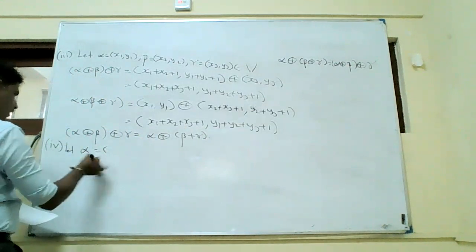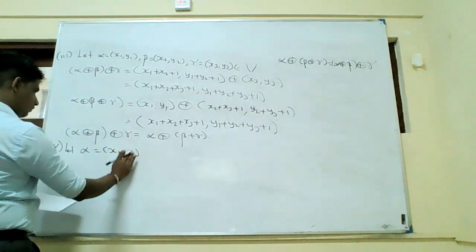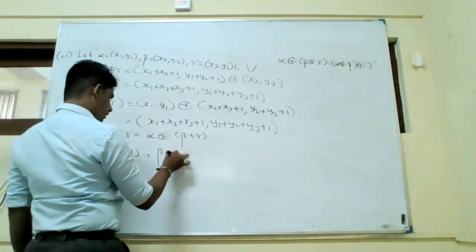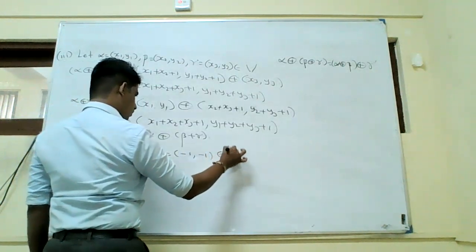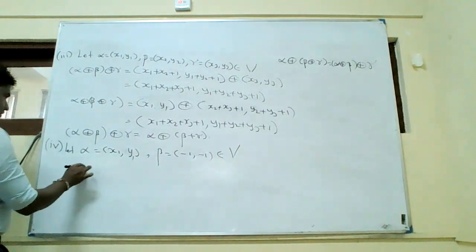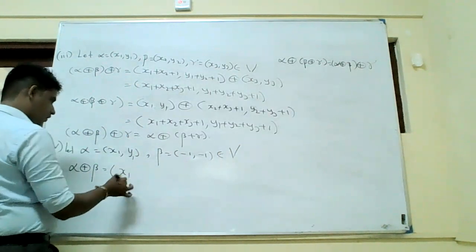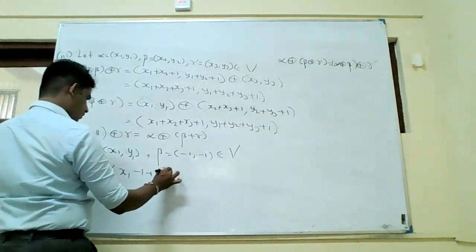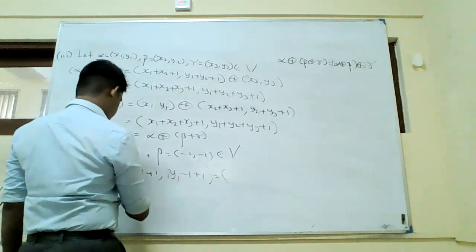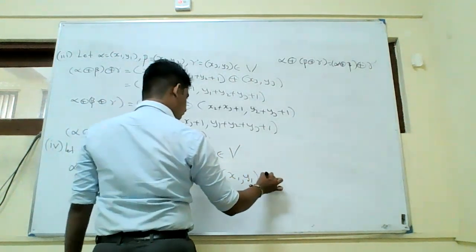Let alpha be (x1, y1) and take beta as (-1, -1), both in B. Then alpha plus beta is (x1 minus 1 plus 1, y1 minus 1 plus 1), which gives (x1, y1), which is alpha.